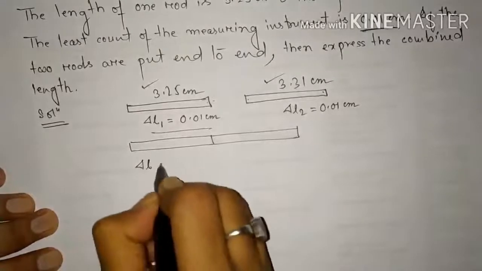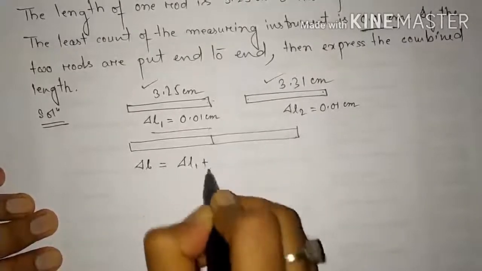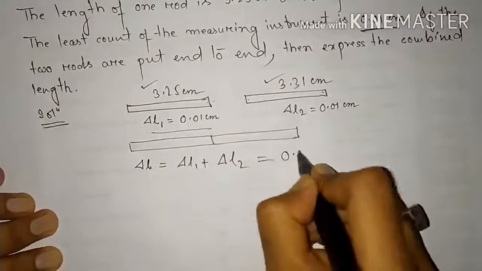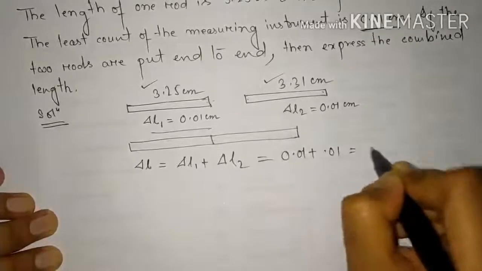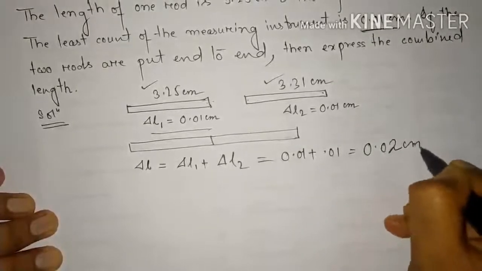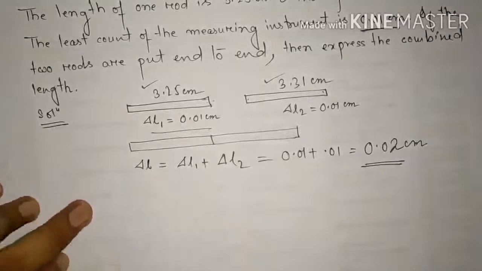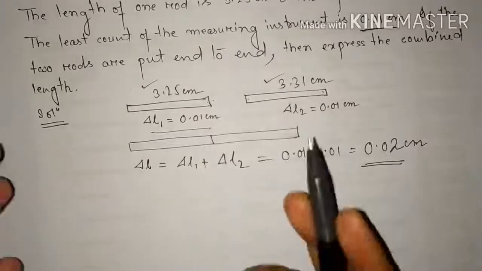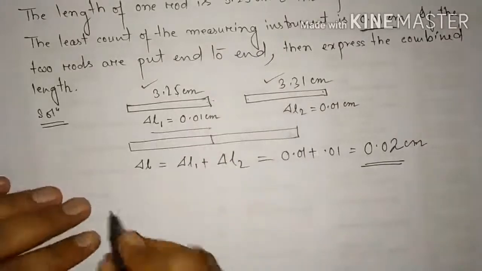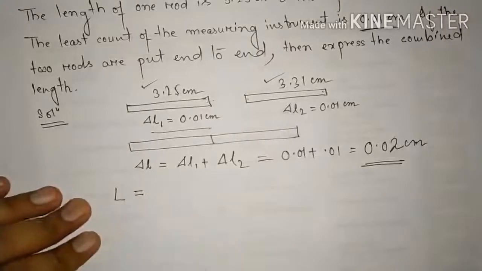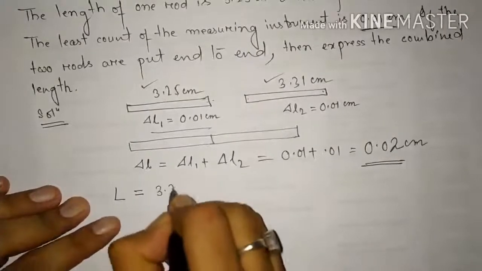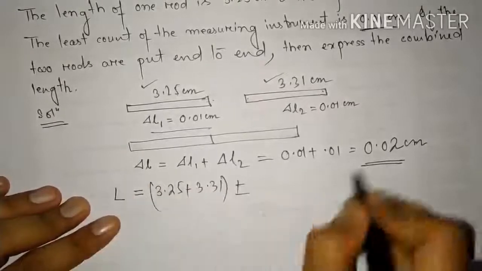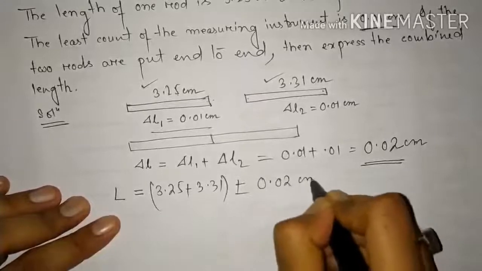So definitely the total error will be delta L1 plus delta L2. So this will be equal to 0.01 plus 0.01, that means 0.02 centimeter. This is the error. Now the measured values are 3.25 and 3.31. So the length of the combined rod will be equal to 3.25 plus 3.31 plus minus the total error 0.02 centimeter.